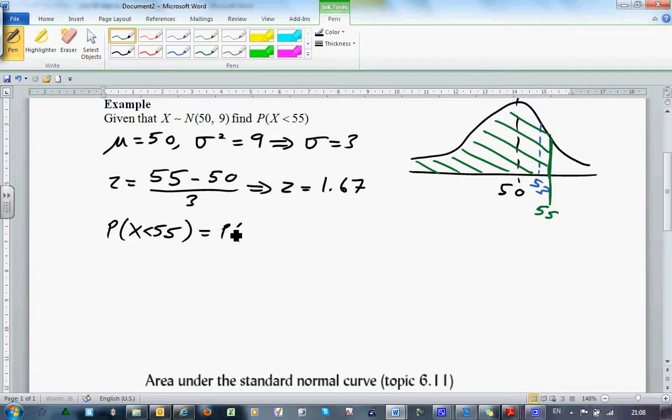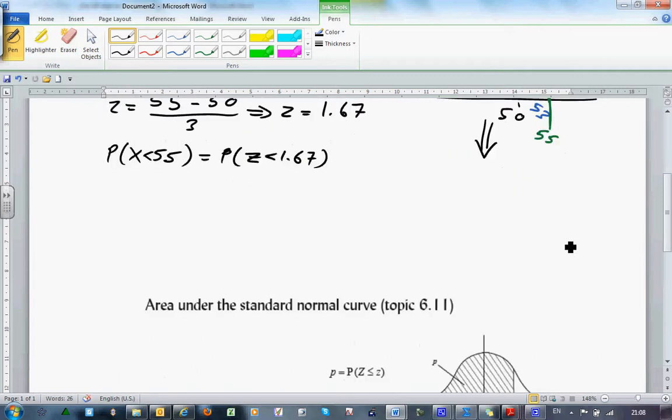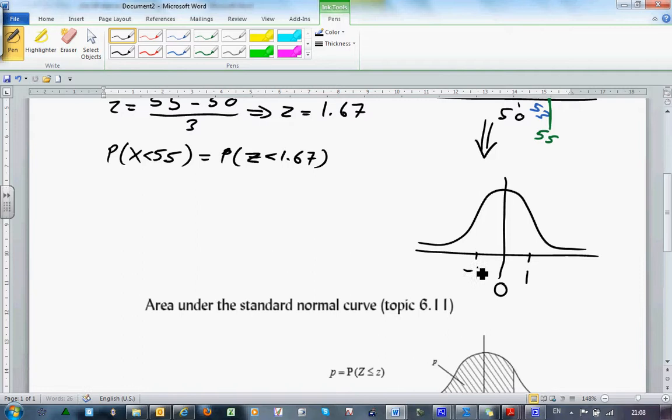What we mean by that is we're transforming our original distribution and making it into a standard distribution, which has a mean of 0 and a standard deviation of 1. So our value is 1.67 in this particular distribution.